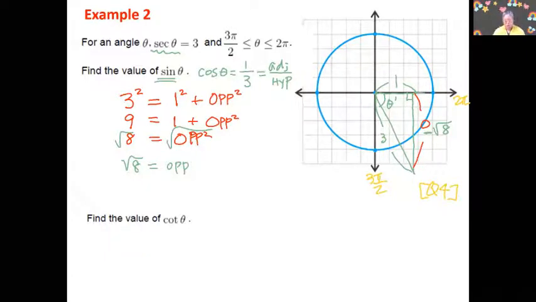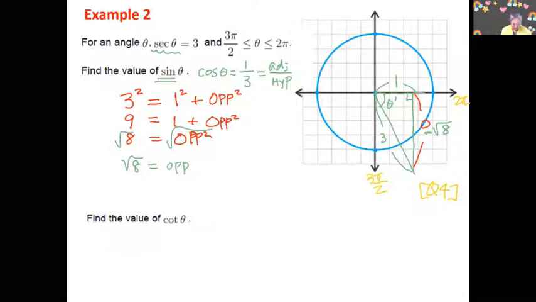Because it was supposed to be plus or minus square root of 8 anyway. And in this case, because of the position of y on the quadrant, we are supposed to have the vertical going down. How many units? Square root of 8 units down. So it makes sense mathematically, right?